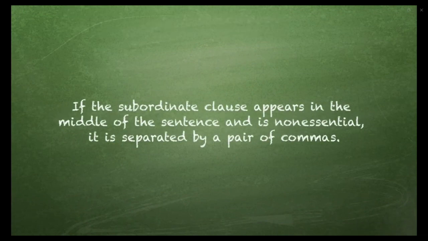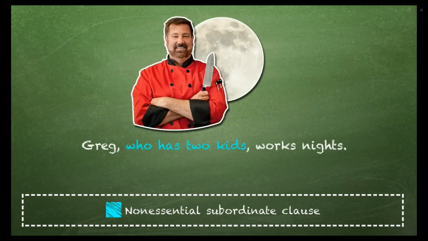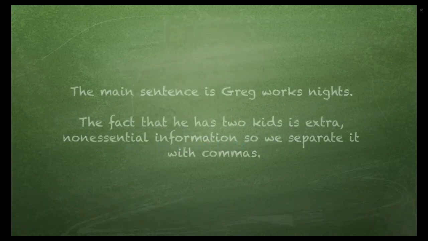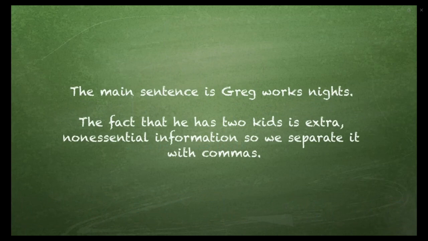If the subordinate clause appears in the middle of a sentence and is non-essential, it is separated by a pair of commas. Example: Greg, who has 2 kids, works nights. The main sentence is Greg works nights. The fact that he has 2 kids is extra non-essential information, so we separate it with commas.